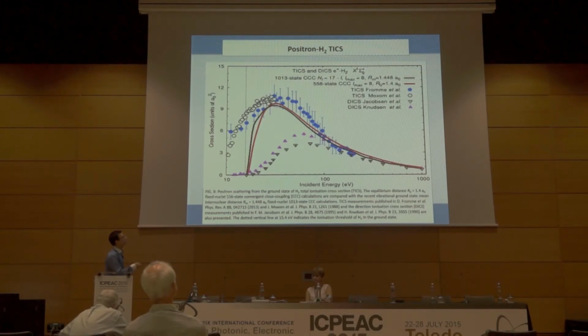And you can see that we have better agreement with the direct ionization measurements in the high energy regions for our larger calculation, which indicates we've got a better structure. And although it's not shown, the experiment of Bromley has an uncertainty in the impact energy of around 5 to 10 eV, so we're in quite good agreement with the measurements.